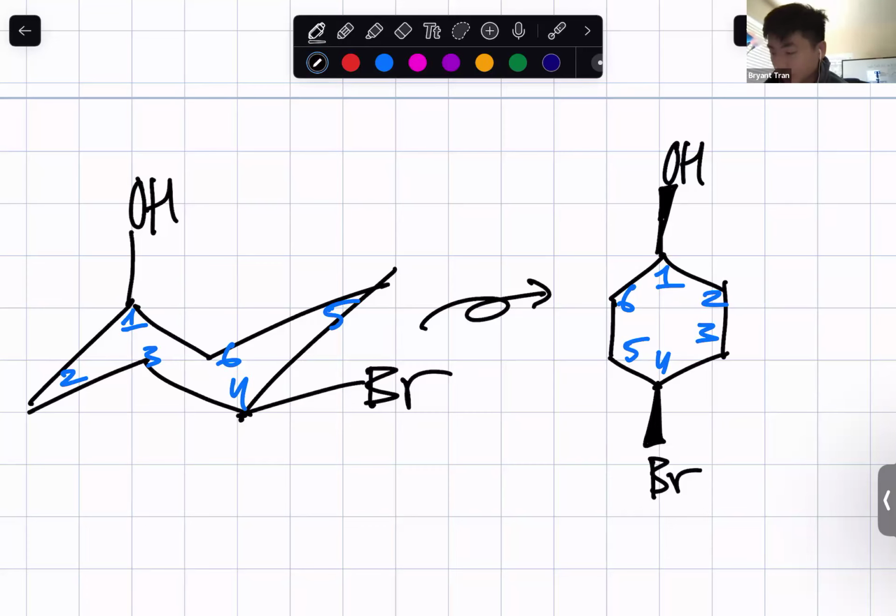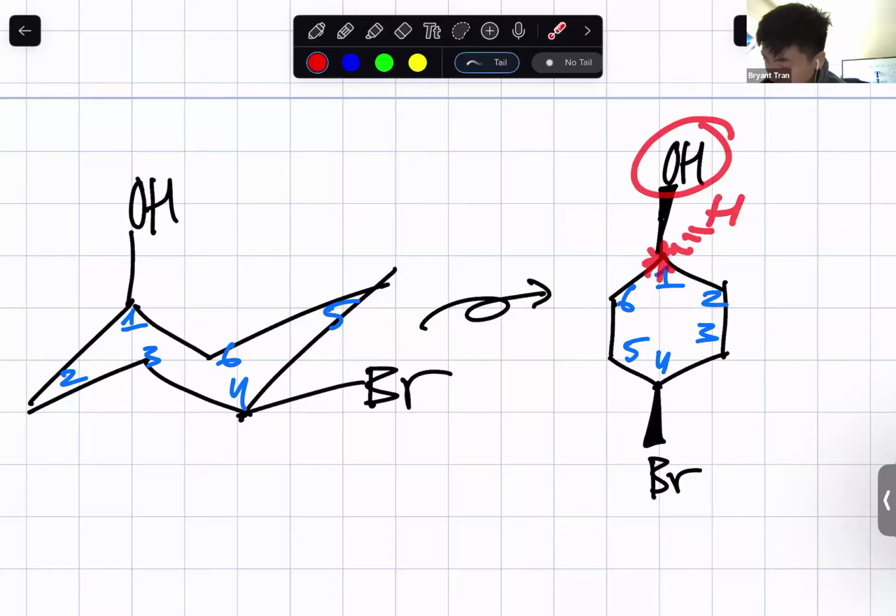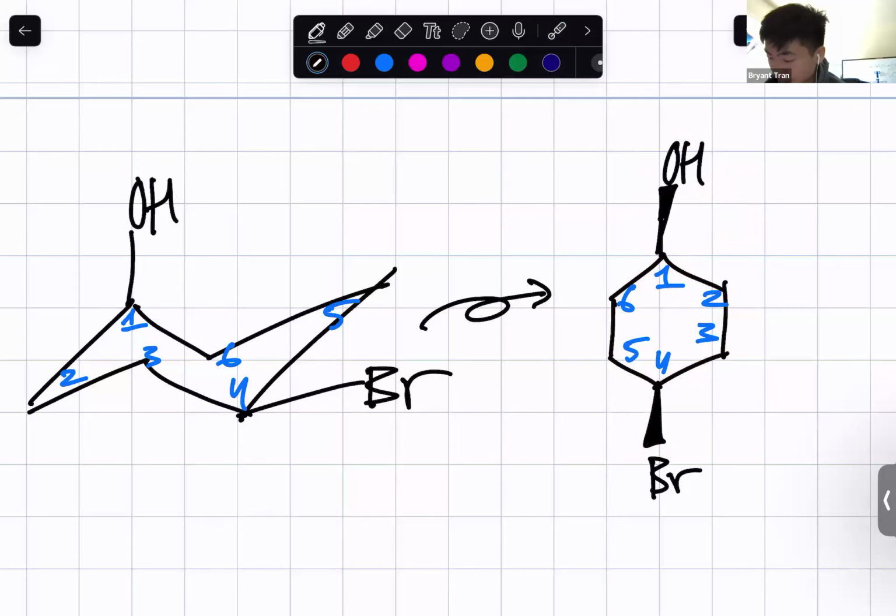Now, there are no chiral centers here because this carbon has an alcohol, a hydrogen, but these two R groups here are the exact same. They're not unique, so there is symmetry there. So let's add some more groups to make a chiral center here.